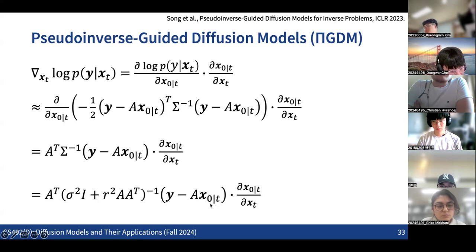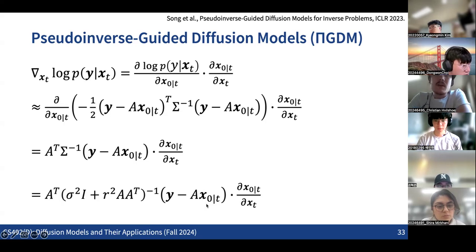From this, we can see how the output of the measurement should look by multiplying A here. And we basically see the difference between the real measurement, the observation that we are getting, and the prediction. And this difference is multiplied by some kind of scaling factor here.